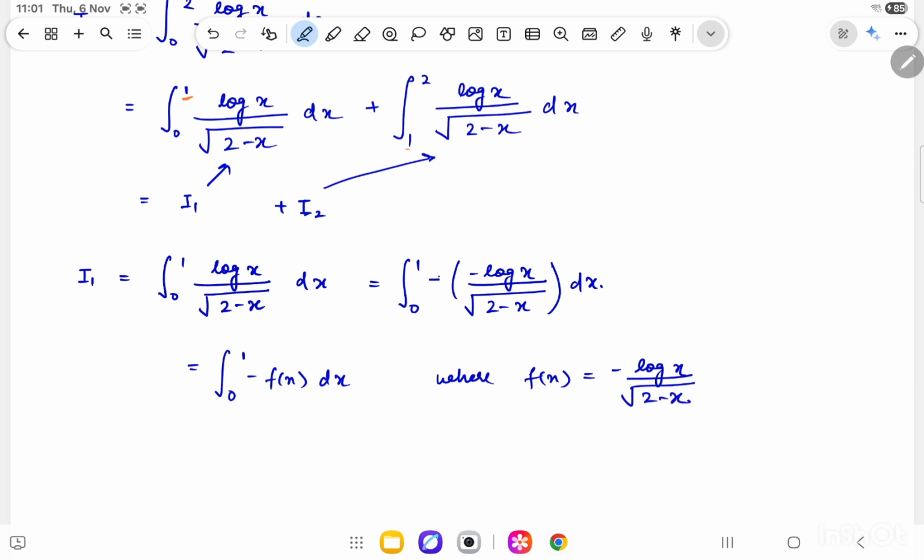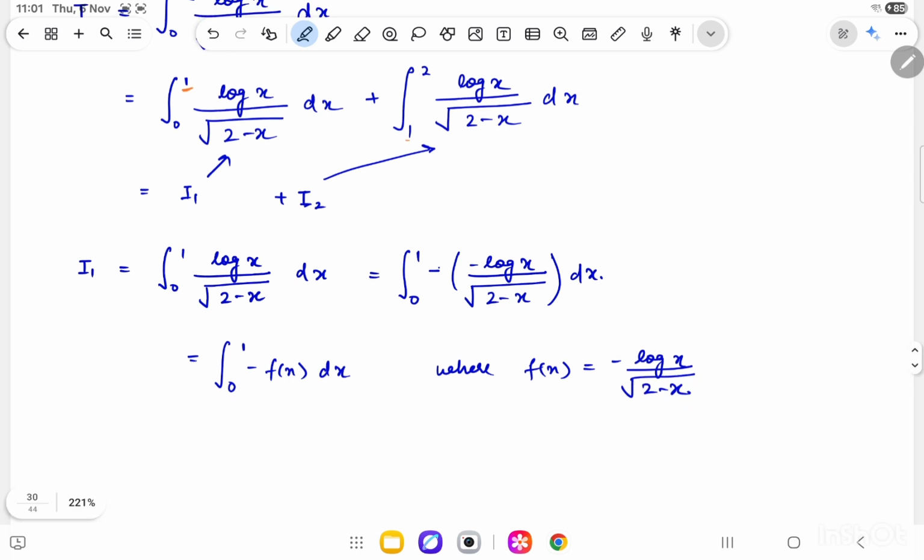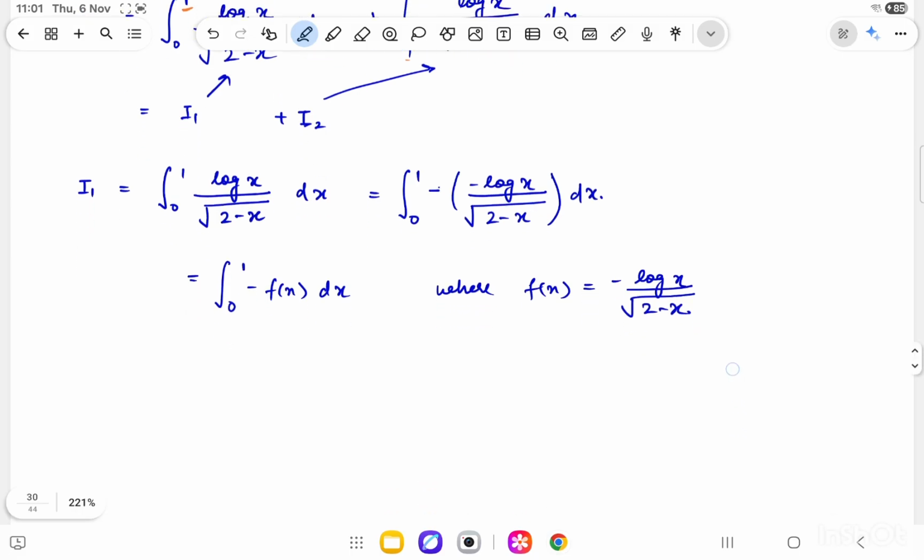I have taken this negative sign because as x approaches 0, log x approaches minus infinity. So to make the integrand positive, I have introduced the negative sign.